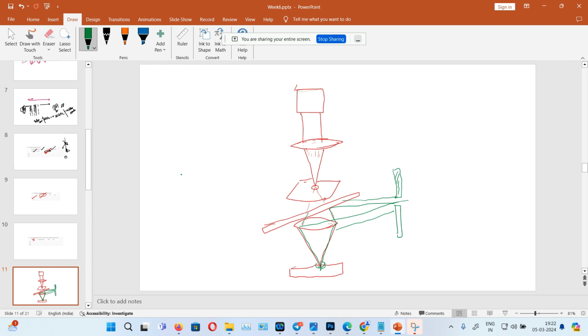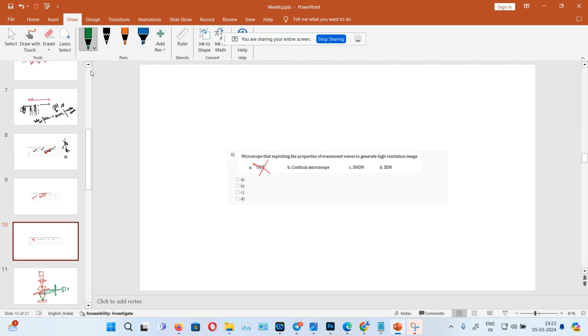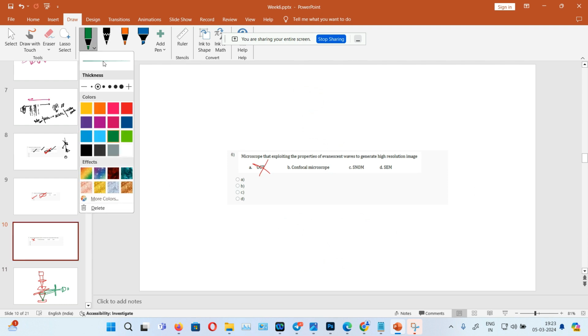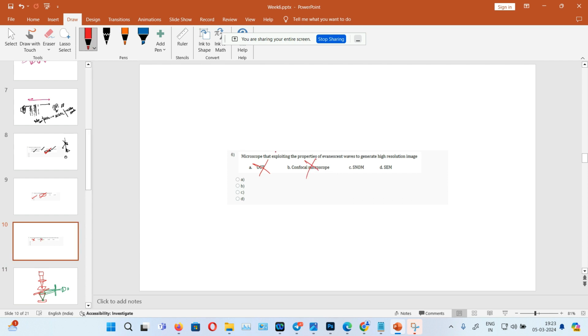So only the light at the focus spot will come here, and we will use it for detecting. It removes all the unfocused part and gives only the focused one, so it increases the definition of your image. This also is not using any evanescent wave, so this also cannot be the right answer.